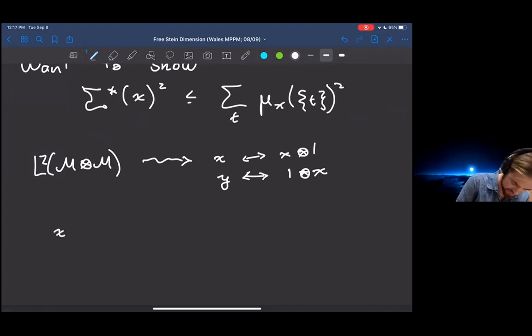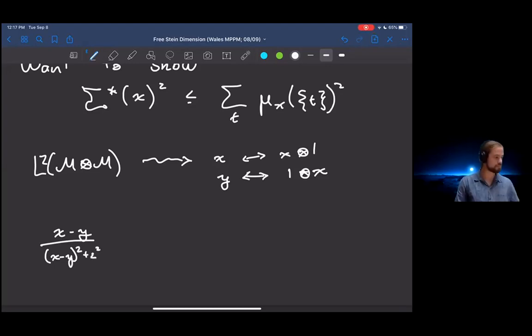Okay, so we want to find something in the domain of the adjoint. And it turns out that if you look at the quotient of x minus y divided by x minus y squared plus epsilon squared, then it can be shown that this is in the domain of the derivative with respect to x adjoint.